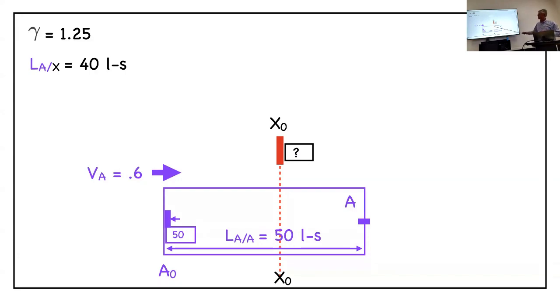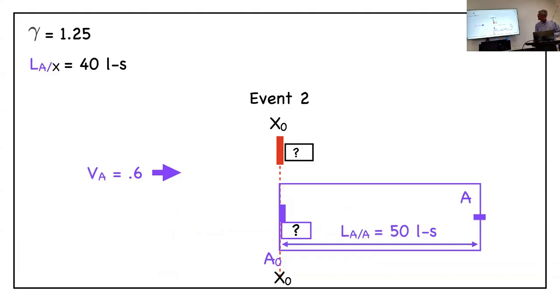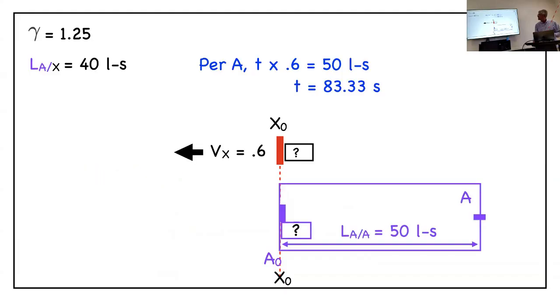So if we think of A as the rest frame, the only thing going on is X naught traveling from here to here. In the rest frame, it's 50 light seconds, and it's traveling at 0.6. So 0.6 times T has to equal 50 light seconds, so it's 83.33.